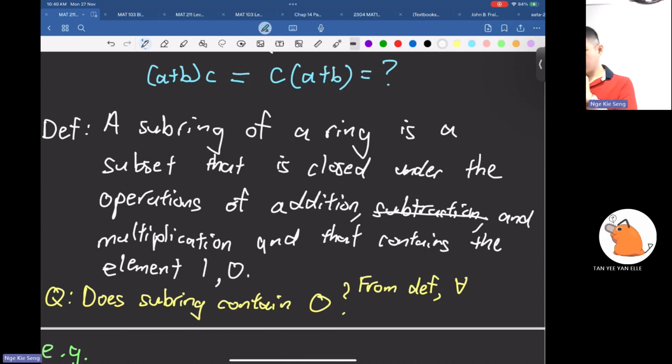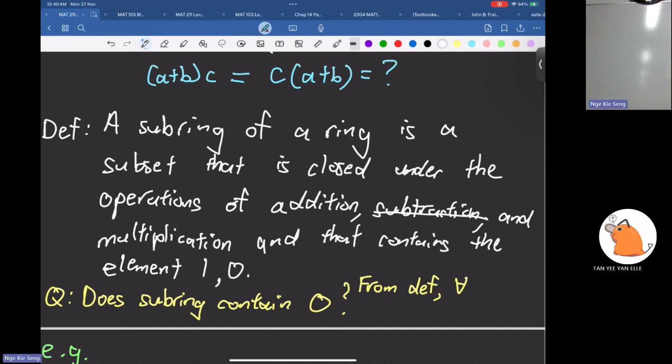For multiplication, the multiplicative identity for the integers is 1. Yes, that's true. So that's why, in a ring, we don't require every element to have a multiplicative inverse.